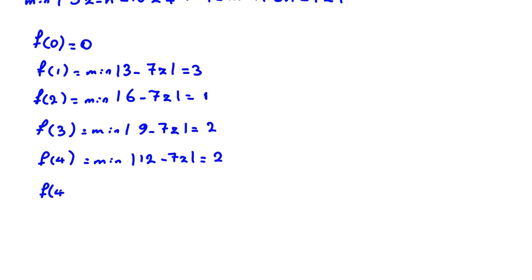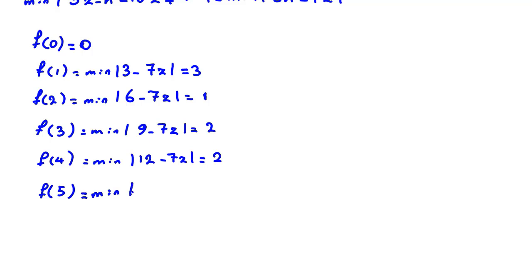f of 5. It's the minimum of 3 times 5, 15, minus 7z. So the minimum, if you calculate, is when z equals 2, and it is 1. f of 6 is the minimum of 18 minus 7z.